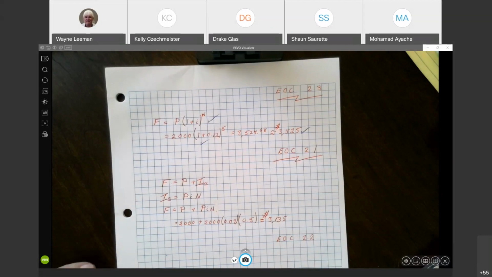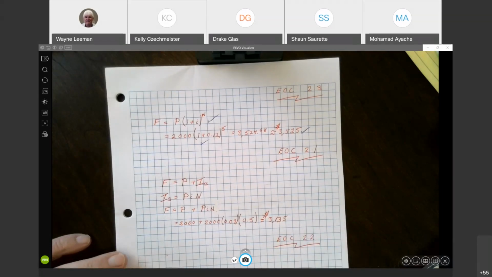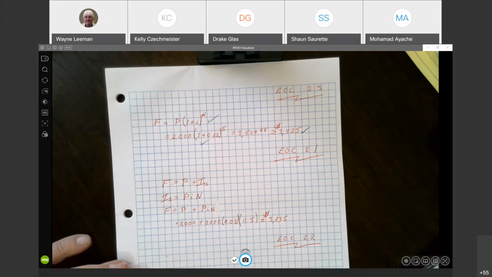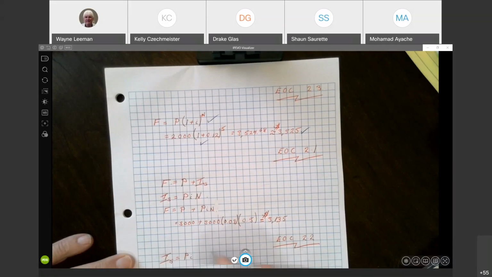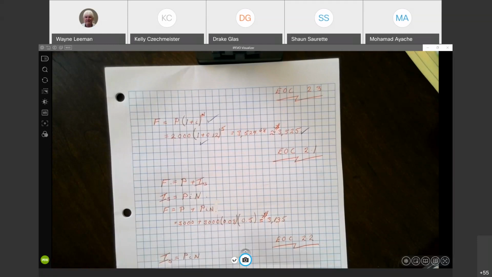Okay, so if we're doing a problem of this nature, using this formula up here, we know that the interest amount will be equal to the principal times the interest rate times the number of times that the interest rate is applied.